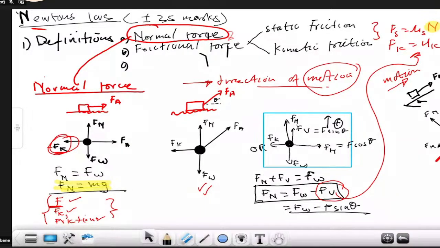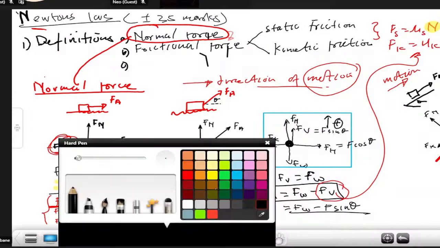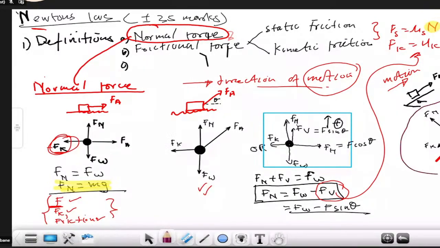Before I can go to you, Mr. Mtau, let me just quickly say, fine, can I be in a position of resolving this into its components? Yes. Why into its components? This is what I am giving the examiner. Let me use purple. This I am going to give to the examiner.